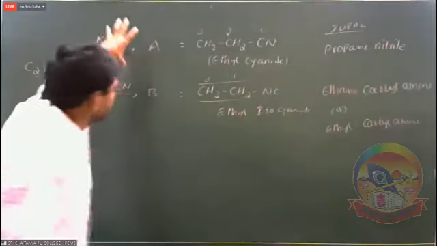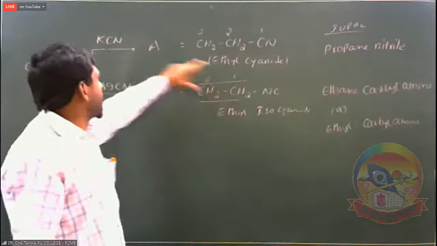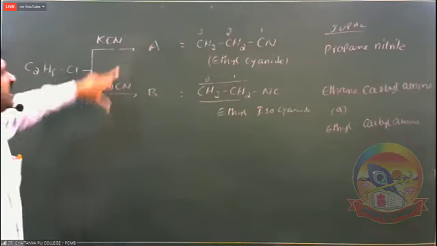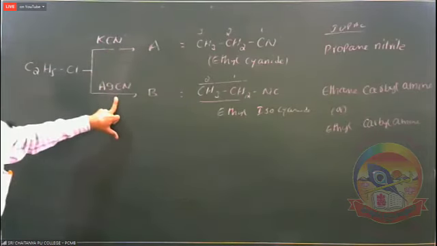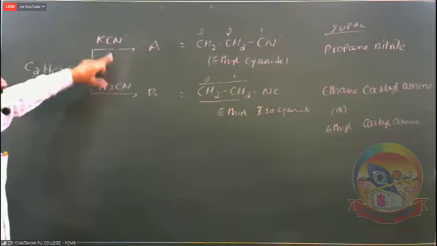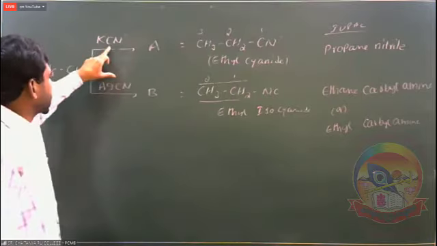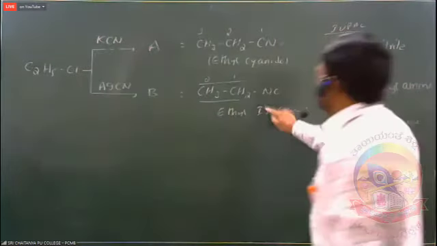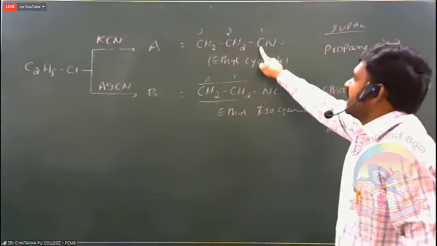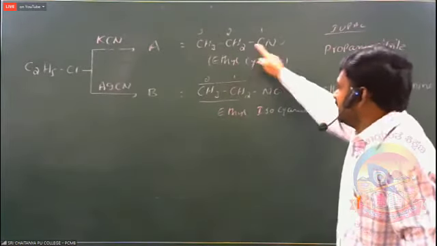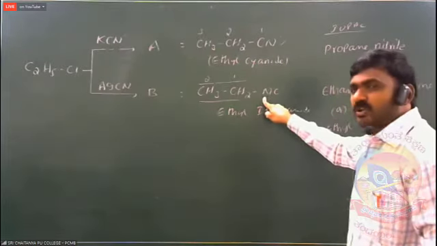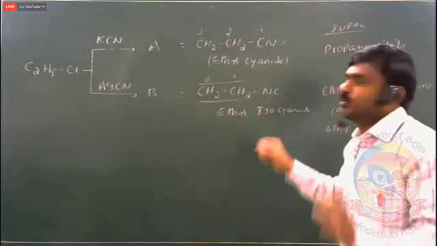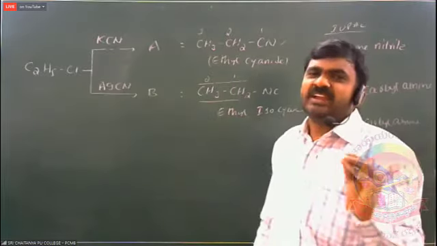So with KCN, it forms cyanide because it is an ionic compound. AgCN is a covalent compound, so with AgCN, isocyanide is formed. Here it can form a bond with carbon, or it can form a bond with nitrogen. Such types of groups are called ambidentate.